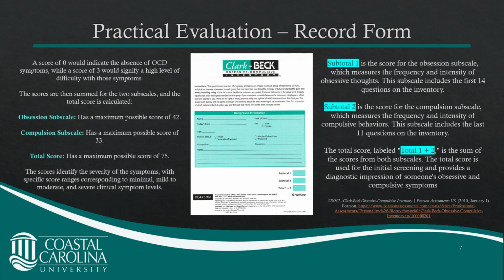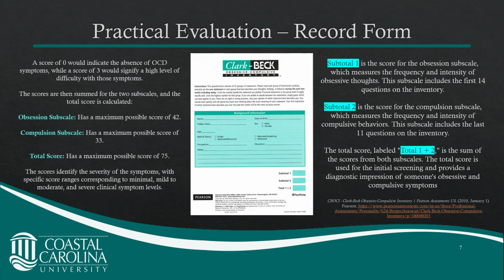A score range from 0 to 9 would indicate minimal severity and non-clinical symptoms. A score of 10 to 28 would indicate mild to moderately clinical severe symptoms, and a scoring range of 29 to 42 would indicate severely clinical level symptoms of OCD.